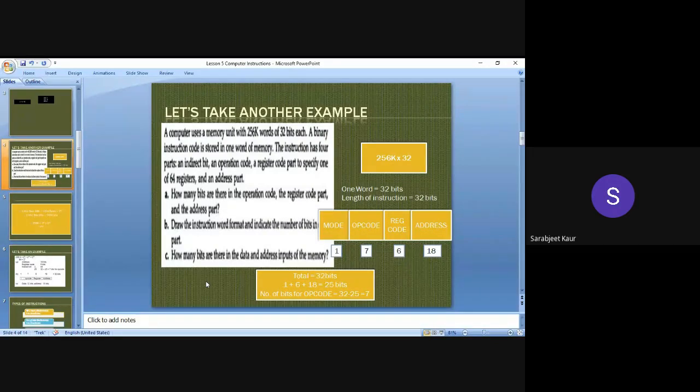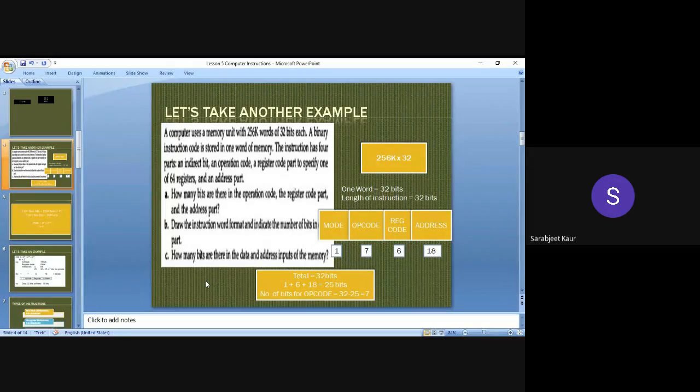We've just discussed this. How many bits are there in the data input of the memory? Means how many bits of data can I put in this memory or access from this memory?